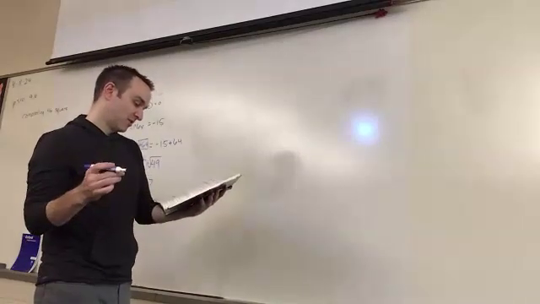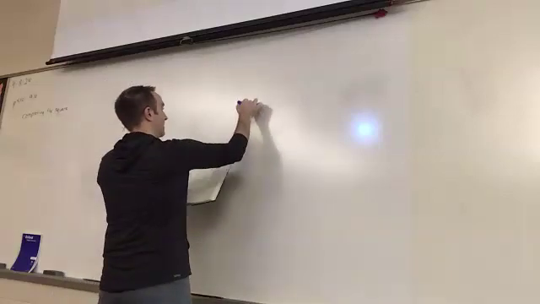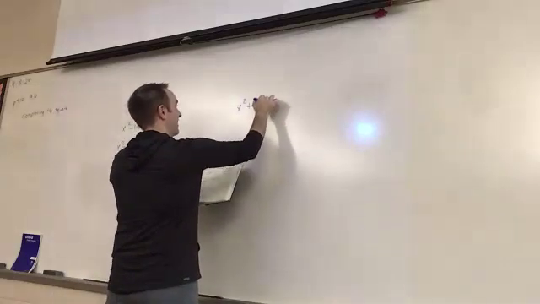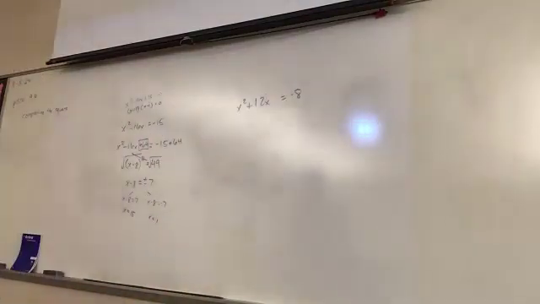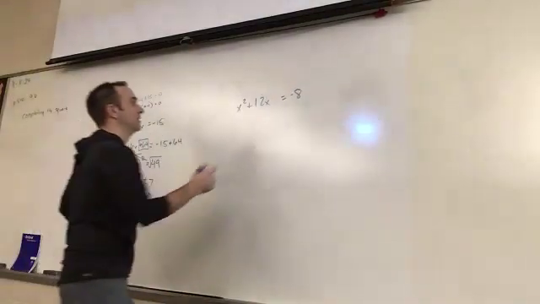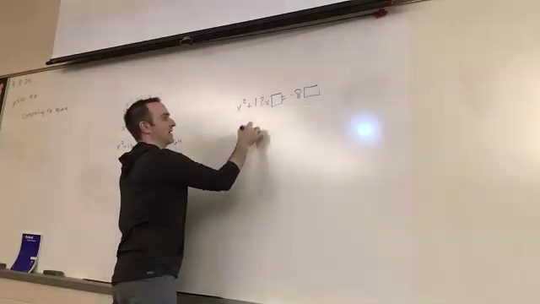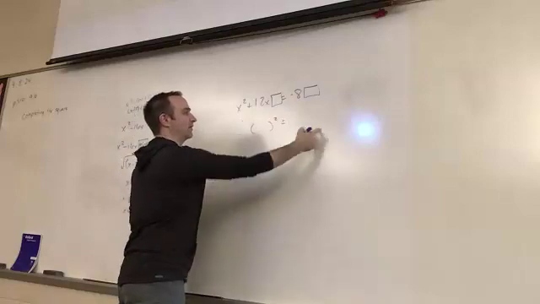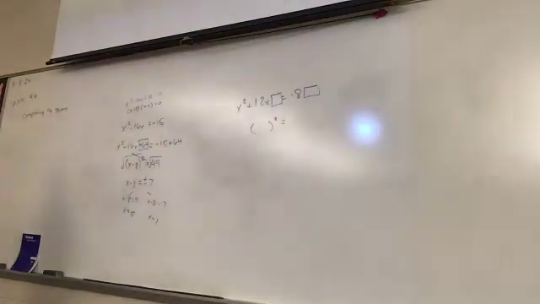Okay, so let's go with x squared plus 12x is equal to negative 8. What I want you to do is figure out what we're adding to both sides, and get to the point where we have the parentheses squared equals something, and then stop. Okay, go ahead and do that. Talk to somebody if you need to.